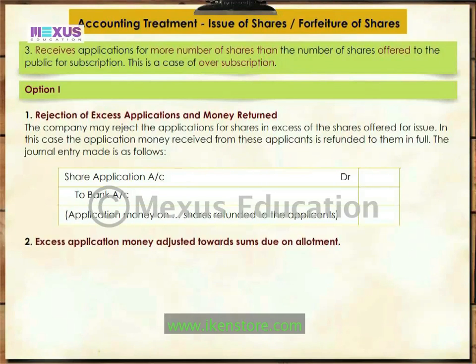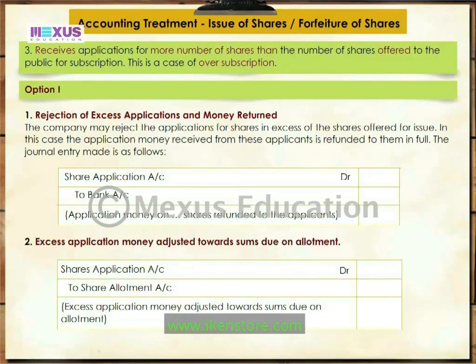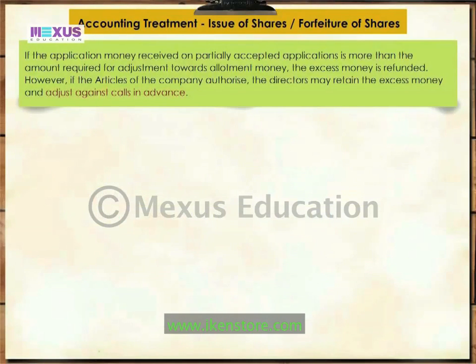2. Excess application money adjusted towards sums due on allotment. Share application account debit to share allotment account. Excess application money adjusted towards sums due on allotment. If the application money received on partially accepted applications is more than the amount required for adjustment towards allotment money, the excess money is refunded.